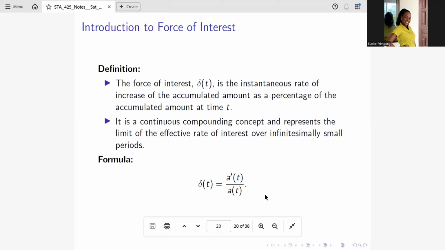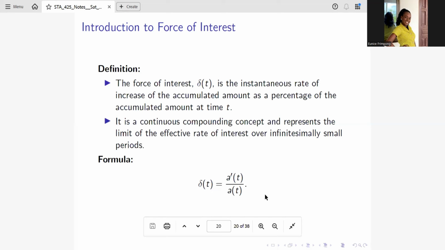The force of interest, in this case, we are using the Greek symbol delta of t to represent force of interest. So the force of interest, delta t, is the instantaneous rate of increase of the accumulated amount as a percentage of the accumulated amount at time t.